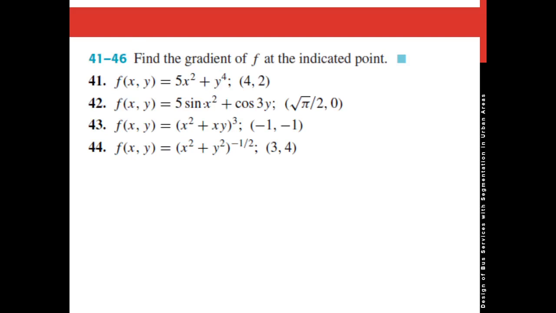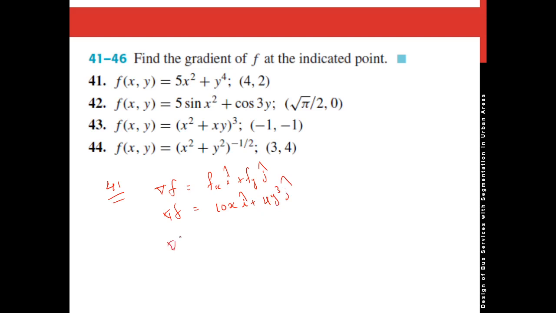So next we will do the 41st problem. Find the gradient of f at the indicated points. So this is del f. We know that del f is fx i plus fy j. So this is fx, 10x i plus fy, 4y cube j.